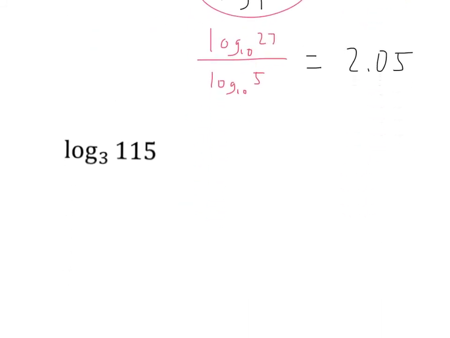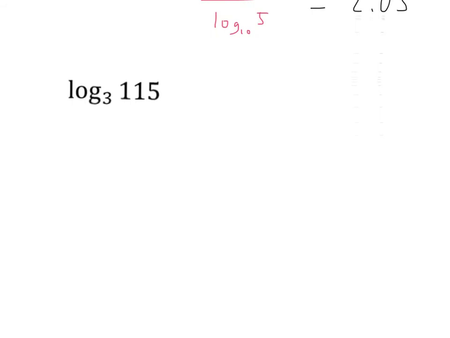Again, if I have the log base 3 of 115, change of base says that we could make this into the log base 2 of 115 divided by the log base 2 of 3. You can change this however you want with any base.